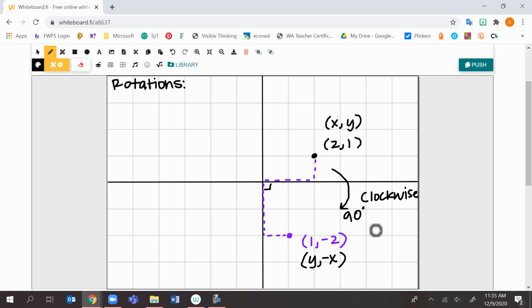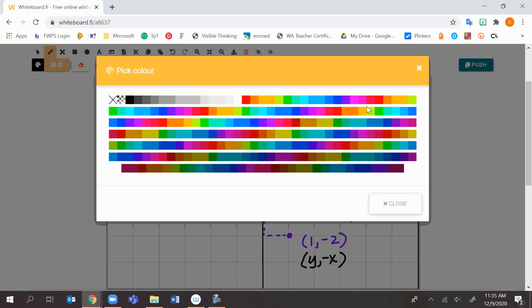Let's see what it looks like for 90 degrees counterclockwise. Counterclockwise means we're going to be going this way. I'm going to use a different color to show this counterclockwise motion. I'm going to go ahead and use green.